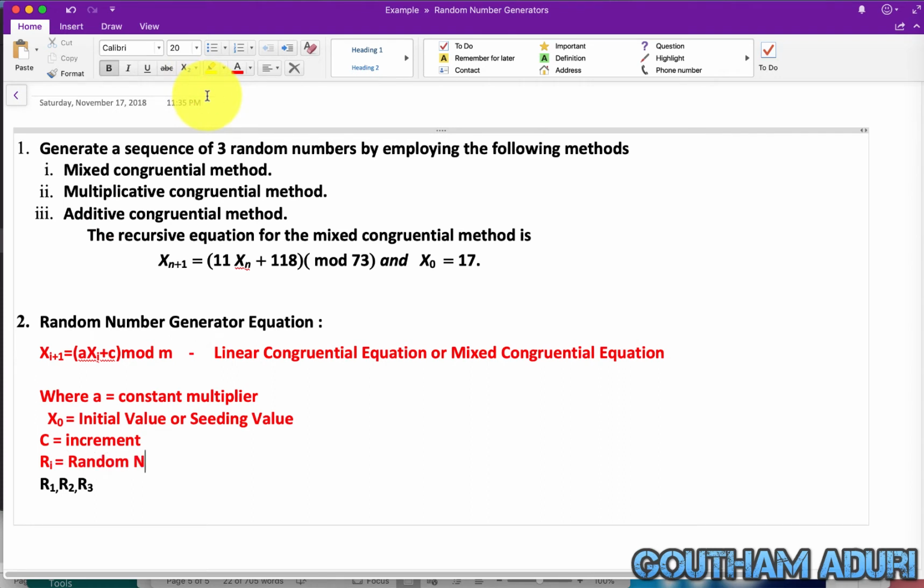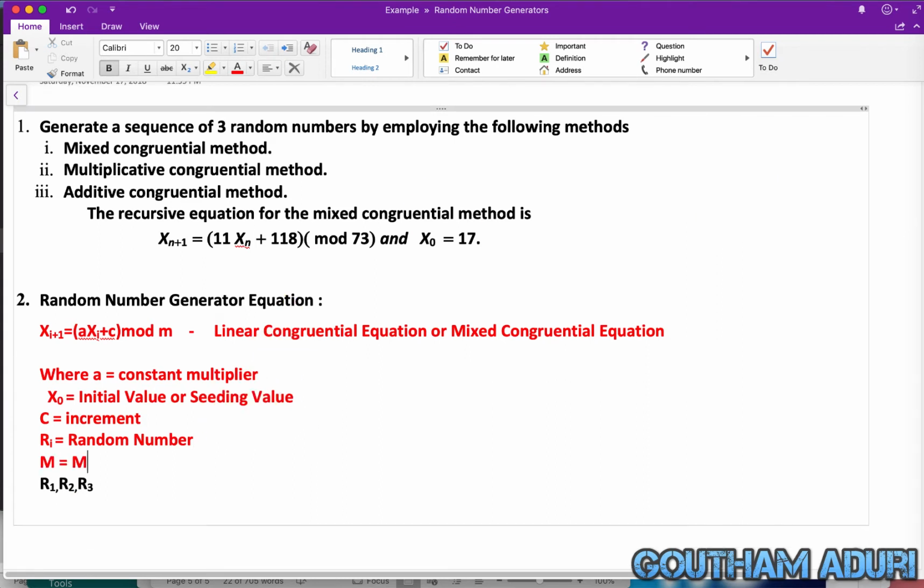These are the things that we need to know in order to solve the equation: what is a, what is c, and what is m. I forgot, m is called the modulus in this equation.